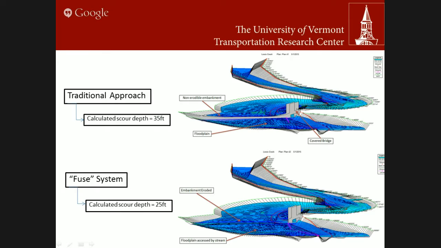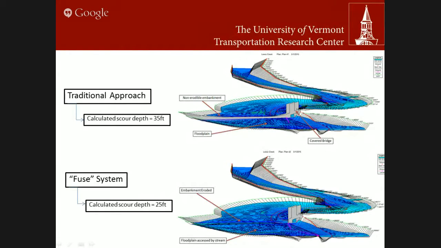So what we did to simulate a fuse was we just removed that embankment during a storm, to simulate what a fuse would do, saying the fuse will erode away and the embankment will be gone. But now this river has access to its entire floodplain during a large storm event and would theoretically reduce the flow velocities quite substantially.